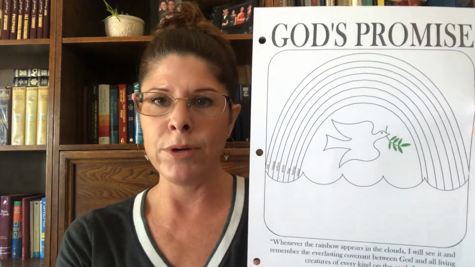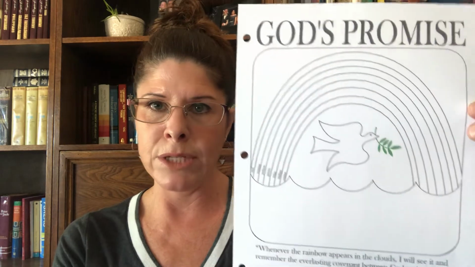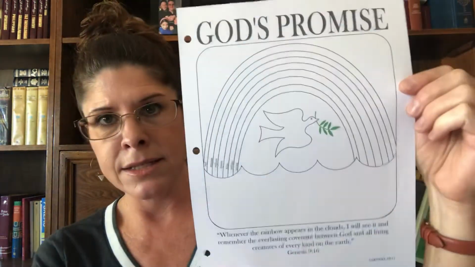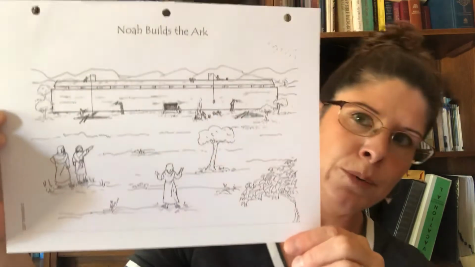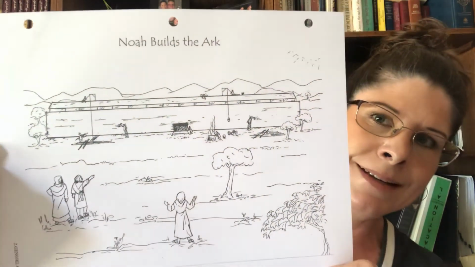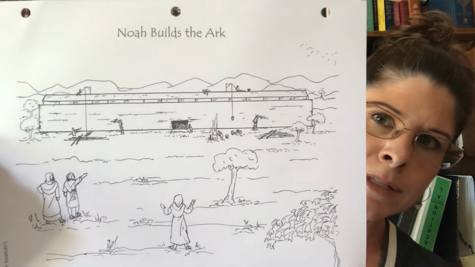We didn't have a memory verse necessarily for this part of Genesis. If you want your kids to memorize one, there's this one here, Genesis 9:16, talking about Noah. And then there's this one also, if you want your kids to have a chance to see something and color something that's a little bit more accurate as far as the way the ark looked, there's this one.